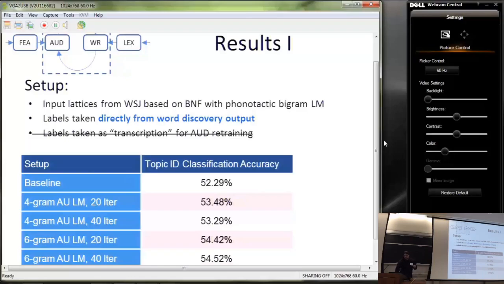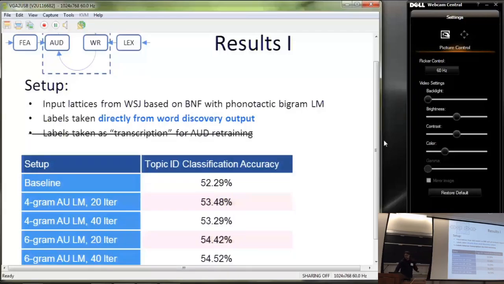For this experiment, we used bottleneck features based on the Babel corpus and the Wall Street Journal database, and we were able to improve the baseline to better accuracy.